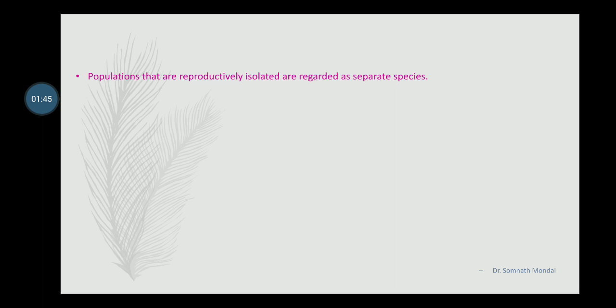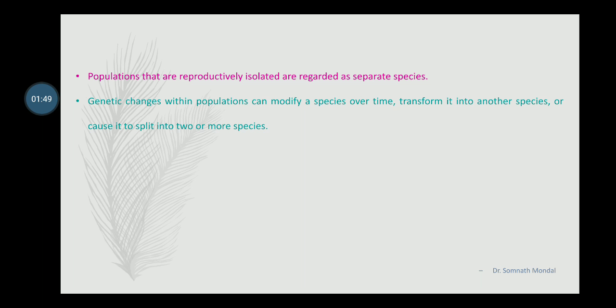Populations that are reproductively isolated are regarded as separate species. Genetic changes within populations can modify a species over time and transform it into another species, or may cause the species to split into two or more species.